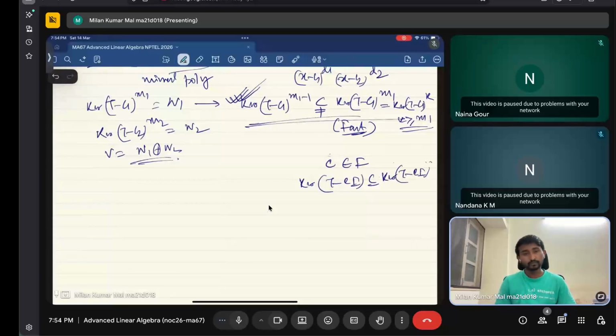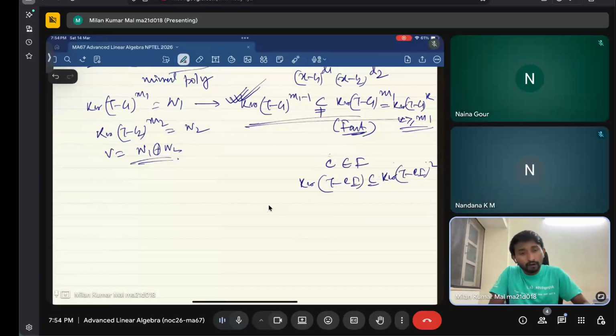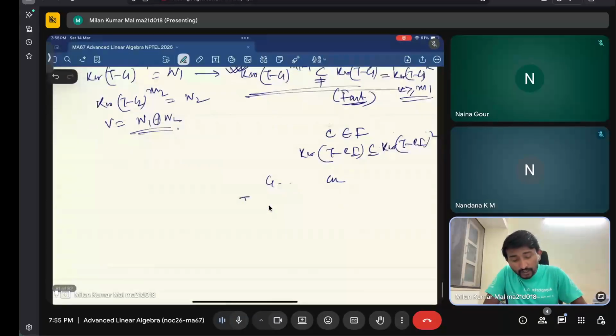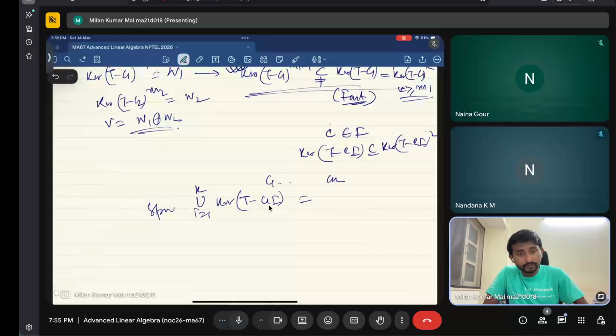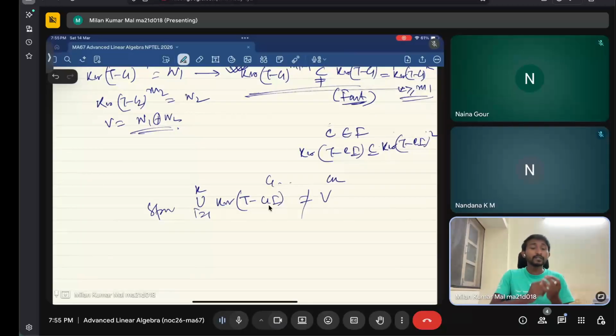This is true. Whenever you have diagonalizable, if c1, c2, ..., ck are the distinct eigenvalues, then the union of the kernels of T minus ci I, for i equals 1 to k, will span the vector space V. That is what is meant by diagonalizability. But if it is not diagonalizable, this is not enough to fill V; it will be a proper subspace of V, so some vectors will be missed to form a basis.